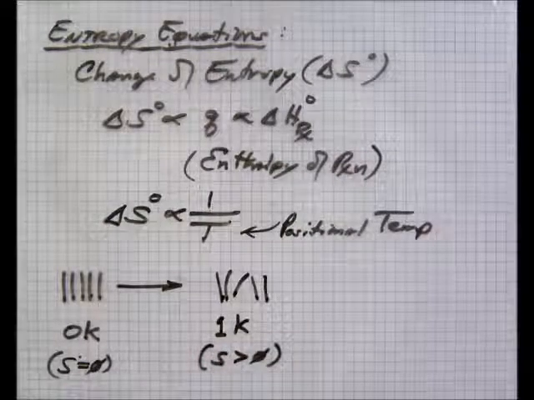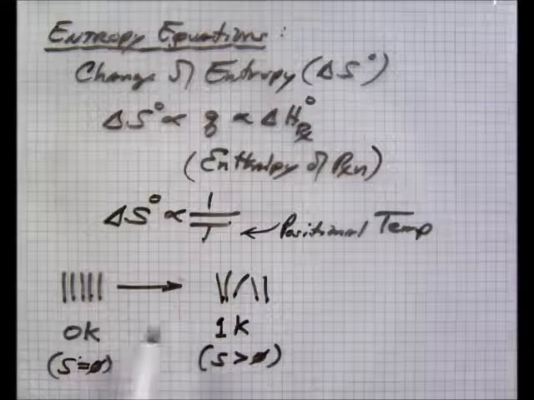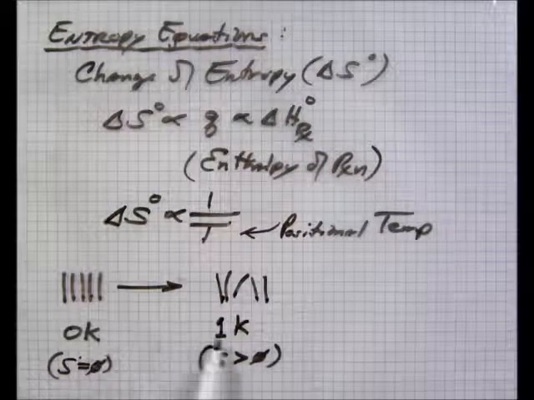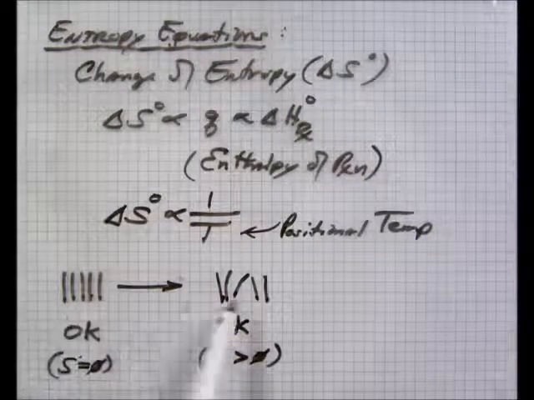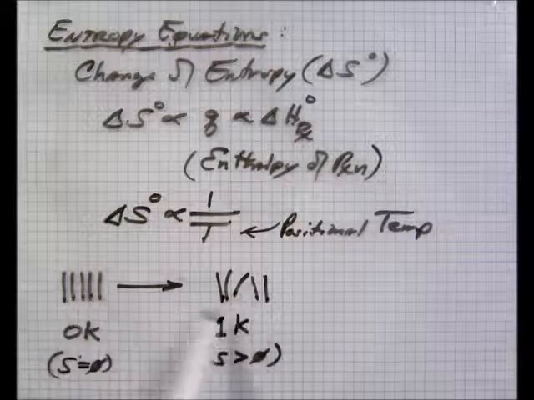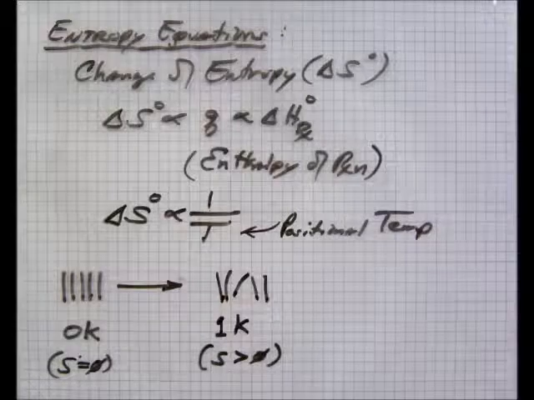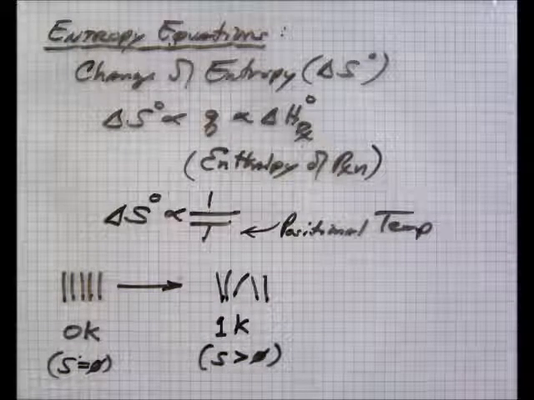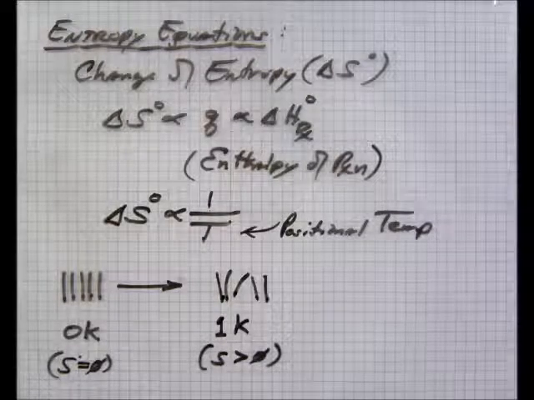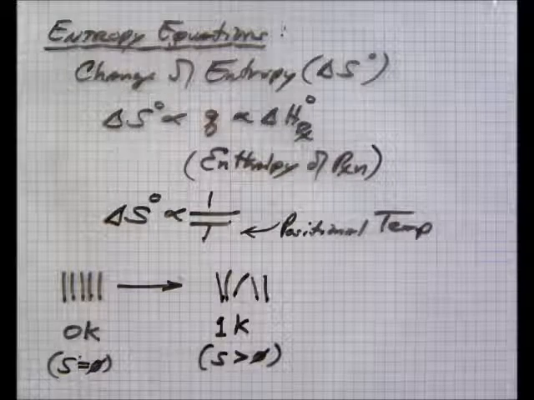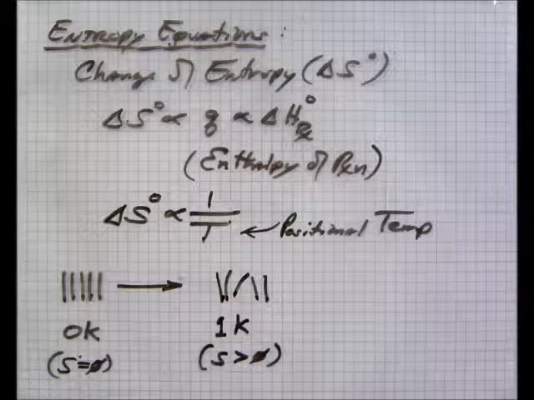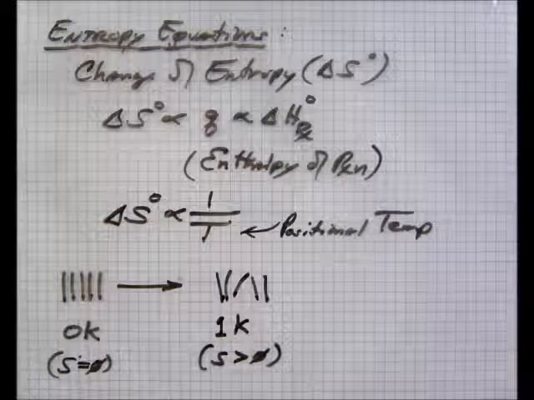The point here is that with small changes at low temperatures, the observable change in order is easily visible. You can clearly define what the change is. You can clearly define that a change has taken place in the state of order.